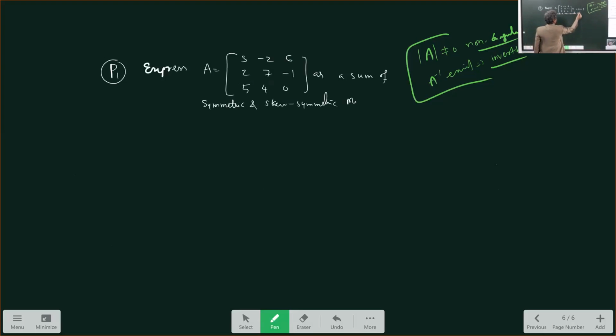So what to do now? You need to evaluate half of A plus A transpose, and half of A minus A transpose, then add them up. That is the case. My next problem.